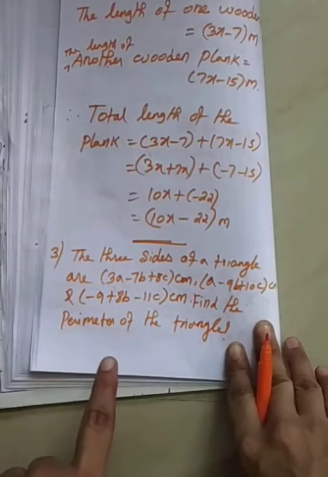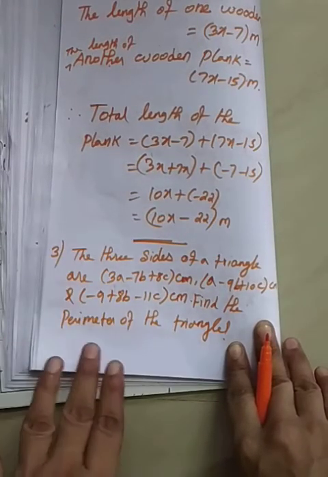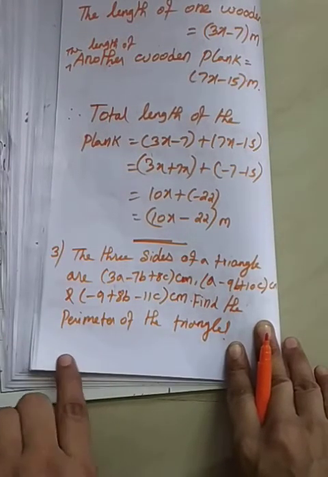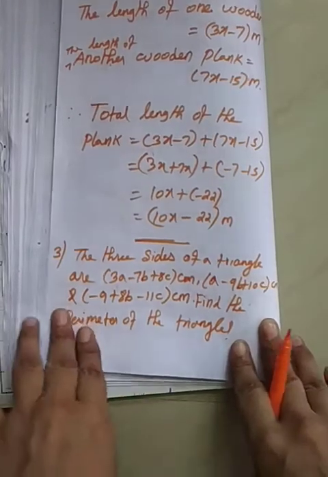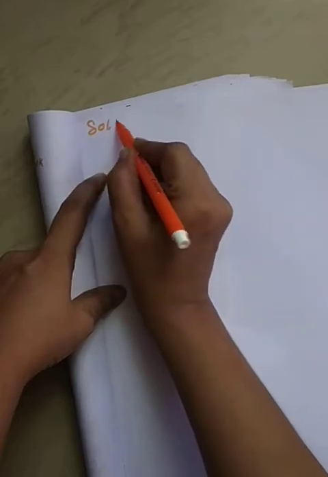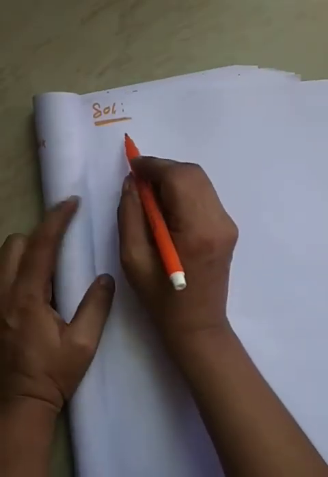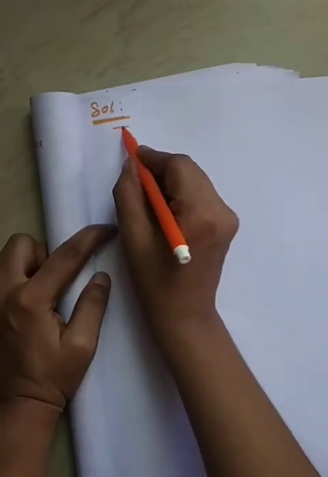See, the three sides were given. Now you have to find the perimeter of the triangle. How can you find it? Now you have to write the three sides of the triangle.